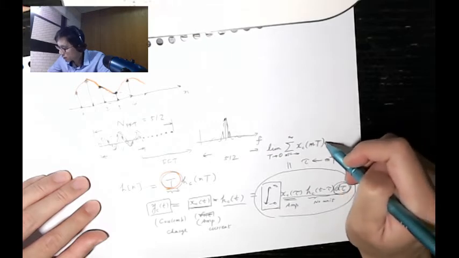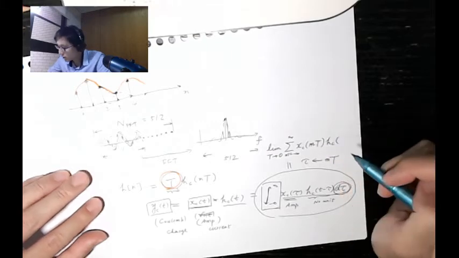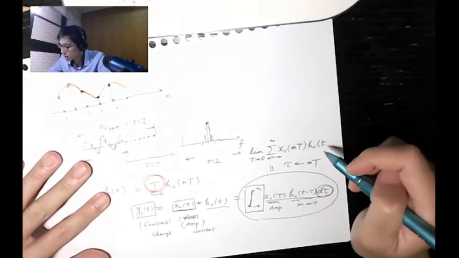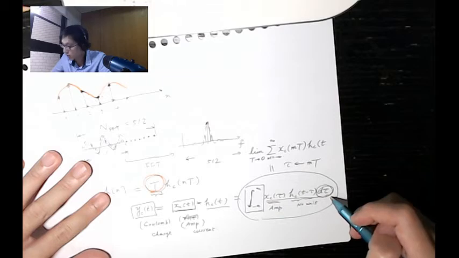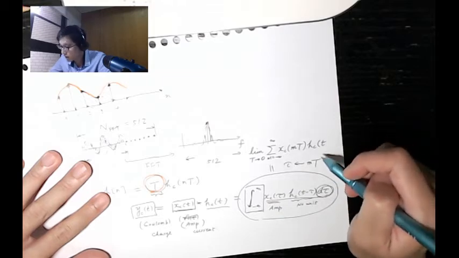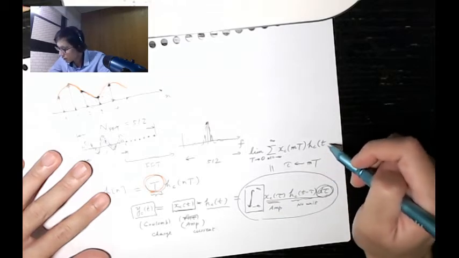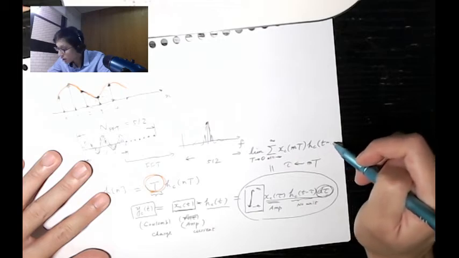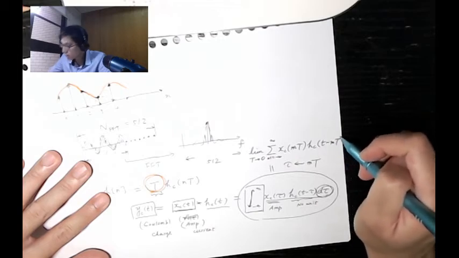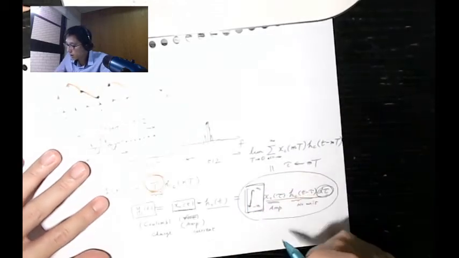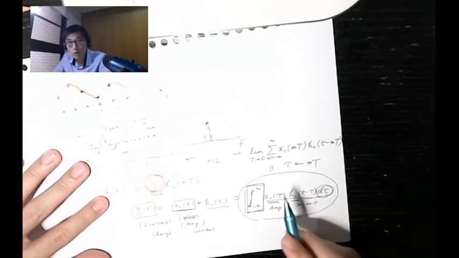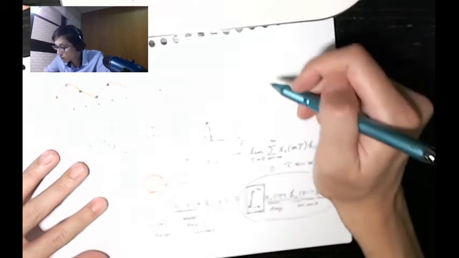And similarly, h_c of t. T does not affect the integration, so let's leave T here for now. And then tau, again, tau is m times T. So by definition, an integral can be expressed in terms of a Riemann sum.